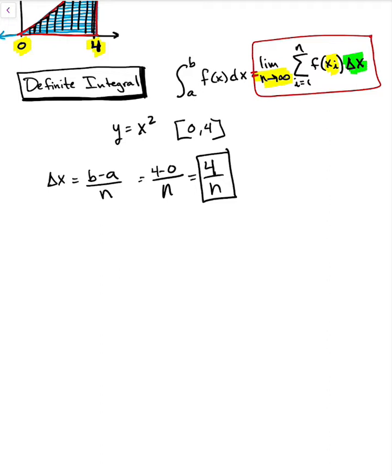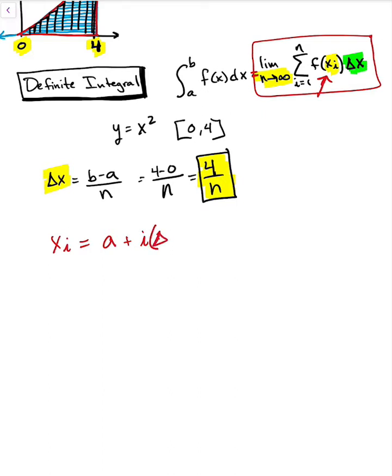Let me highlight these in yellow so I know that they go together. The next thing I want to do, now that I have that delta x, is it's going to help me find my x sub i. Again, if you recall from the previous video, the formula for x sub i is your lower term plus i times whatever your delta x is.